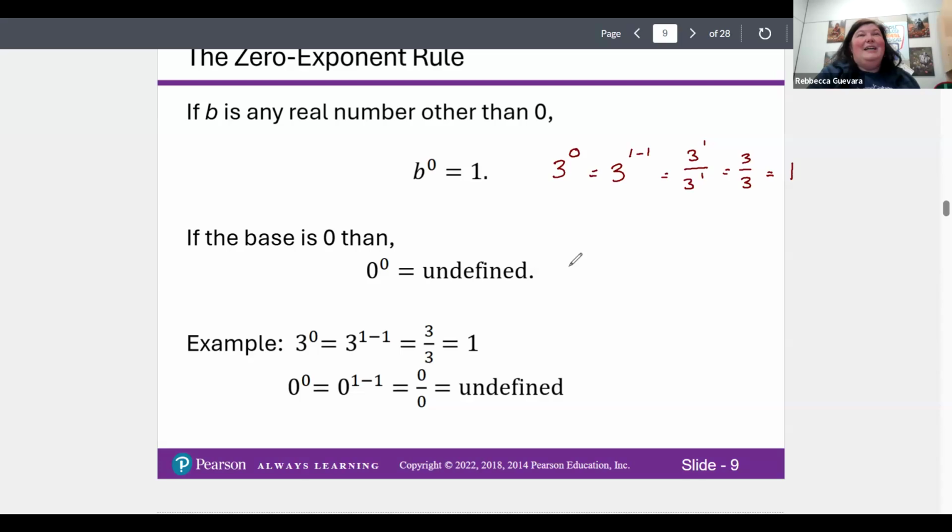Looking at 0, as I said that. If I have 0 to the power of 0, well, that means I have 0 to the power of 1 minus 1, like I did before. That turns into the same thing. That means I have 0 to the power of 1 over 0 to the power of 1. But we cannot divide by 0.